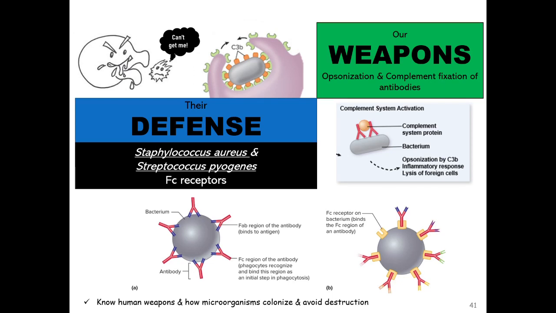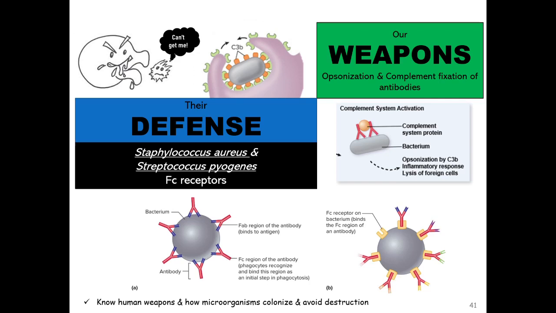They also have, both Staph aureus and Streptococcus pyogenes, something else. Normally, antibodies target things for destruction, and the Fc part, the stem part, is what acts as the opsonin and activates complement. They have Fc receptors on their surface, so they bind to the stem part.